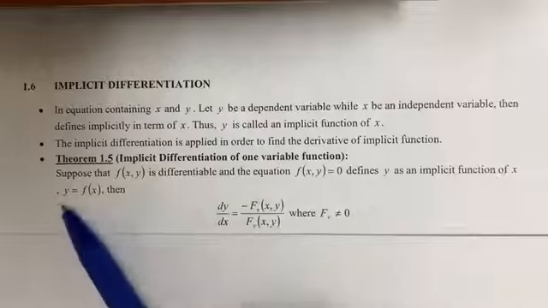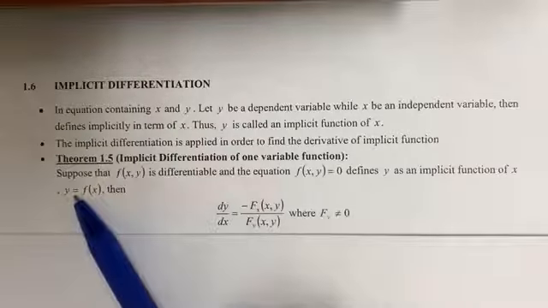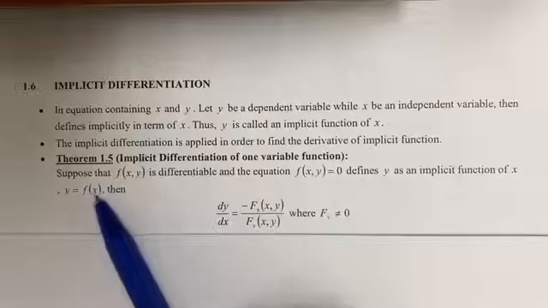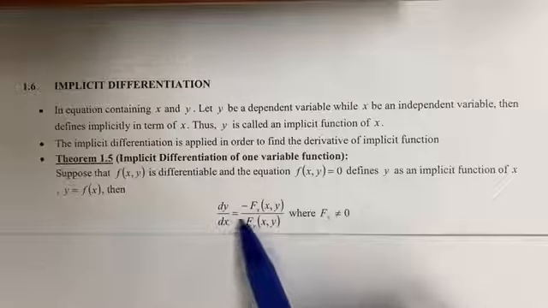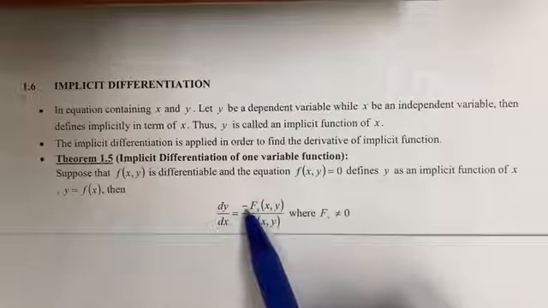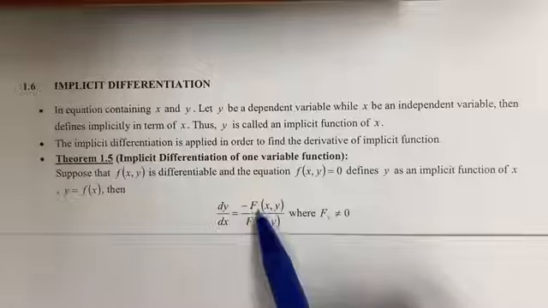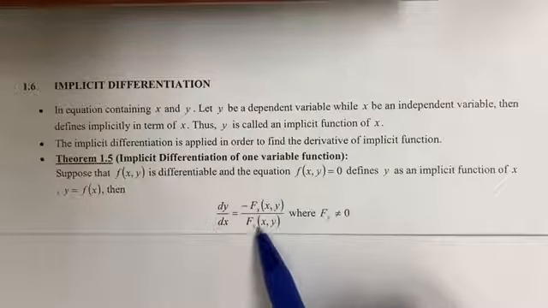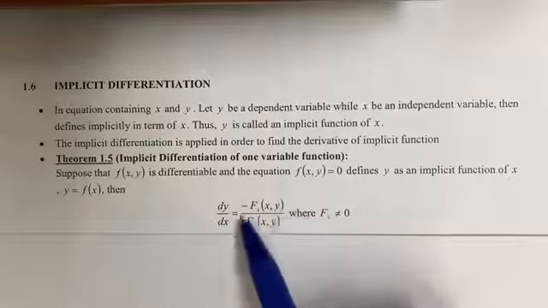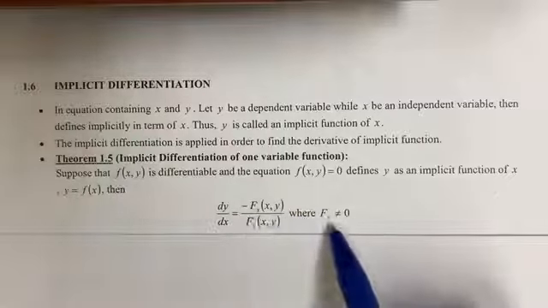Then to find dy over dx, dy over dx is equal to minus differentiation of f with respect to x, divided by differentiation of f with respect to y, where the denominator cannot be equal to 0. So this is for one variable function.